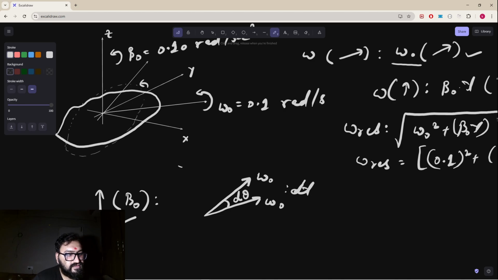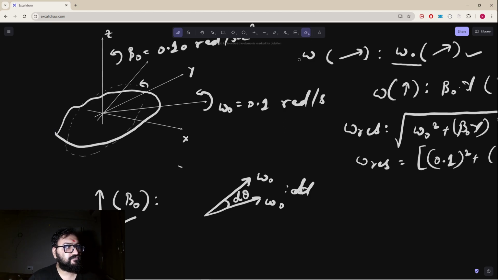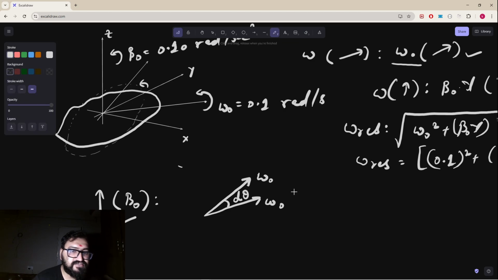So what we would be doing is essentially writing down an equation based on our hypothesis. Okay, so in small time dt, the angular velocity changed by an angle d theta. So I would say the change in the angular velocity, which can be written as d omega, will be proportional to d theta, but we can write the proportionality constant as omega naught.